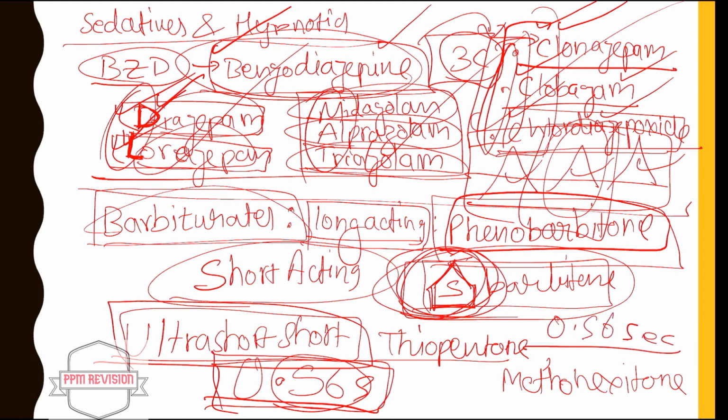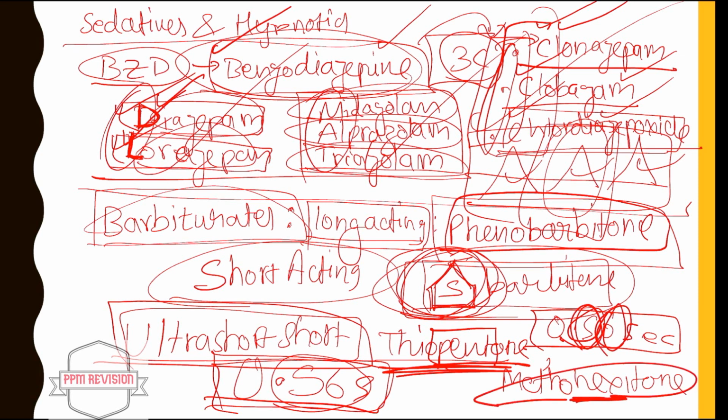Ultra short acting. So it acts in 0.56 seconds. So what does this 5 stand for? This 5 stands for pent, the thiopental. Then 6, what does it stand for? It's something with hex. So methohexital. So let me just recap this page.